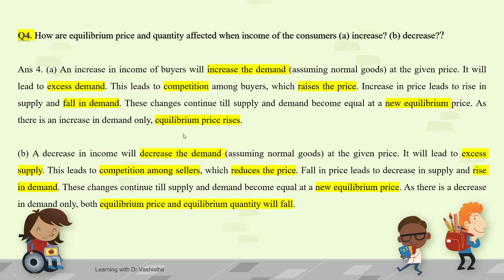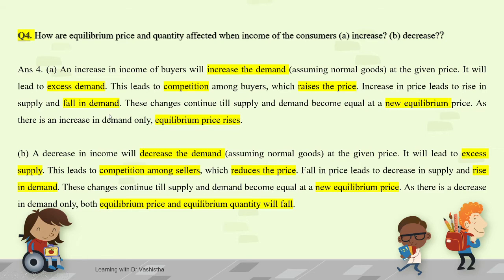This leads to competition among buyers, which raises the price. Now, the increase in price leads to a rise in supply and a fall in demand. See, first what happens? Income rises, that raises the demand, that raises the price. When the price rises, there will be a fall in demand.